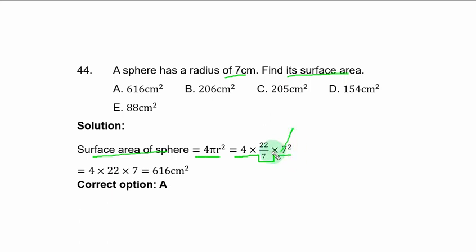If you reduce this, you have 4 times 22 times 7, and that is 616 square centimeters as the surface area of the sphere. A is the correct option.